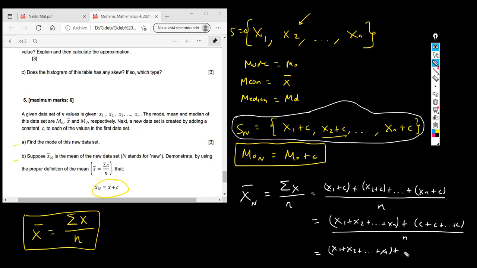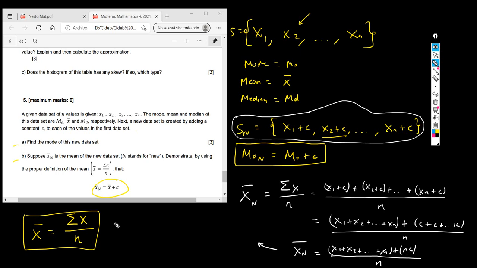Plus all of this is nc over n. And then finally, I can separate this division. I have this big term plus this other term being divided over n. I can separate this division into this.